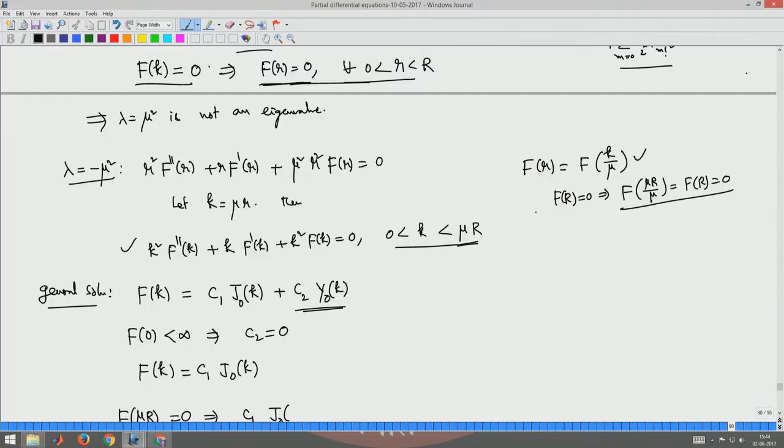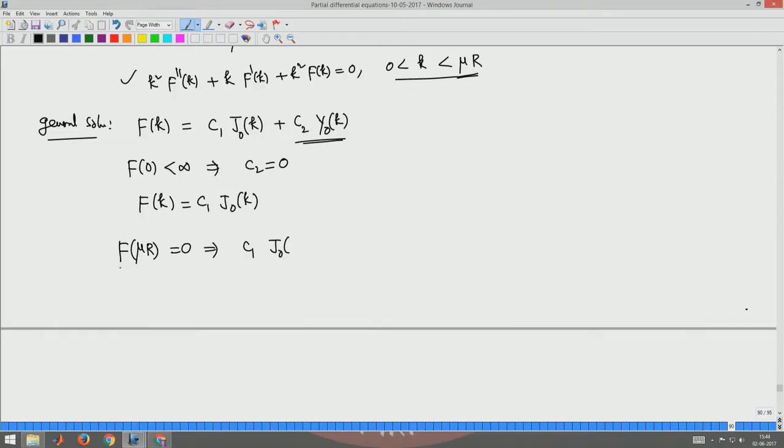So the boundary condition becomes this one in this domain after the transformation.